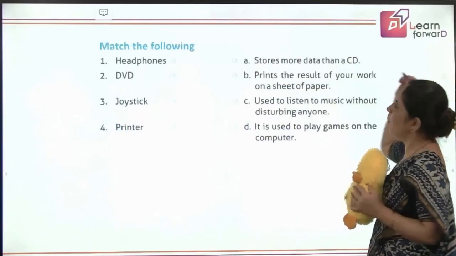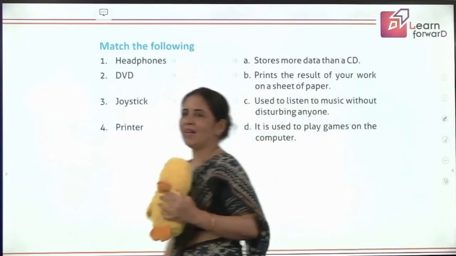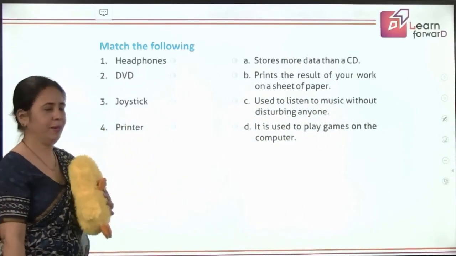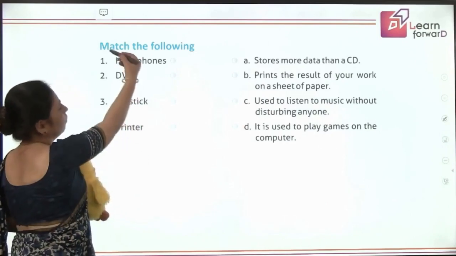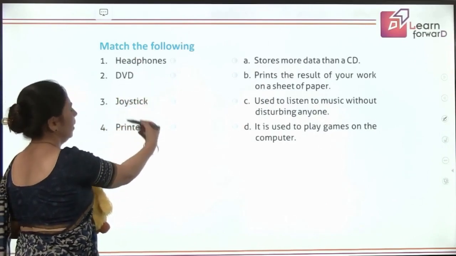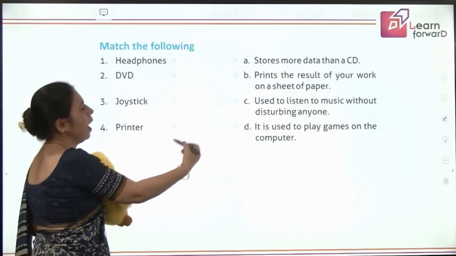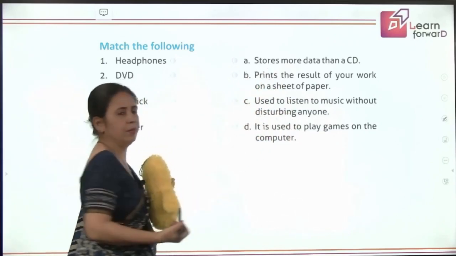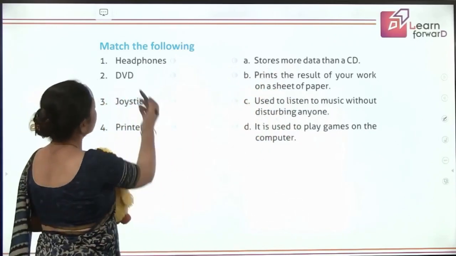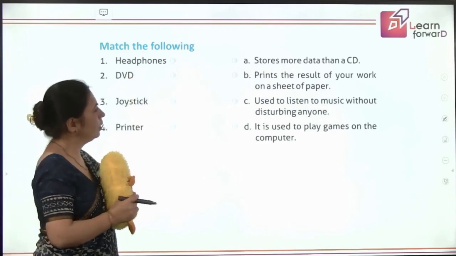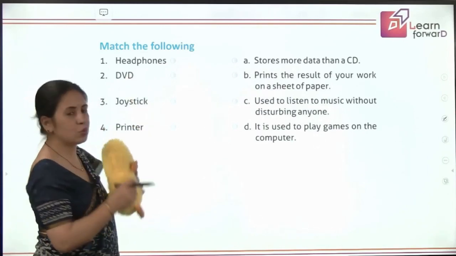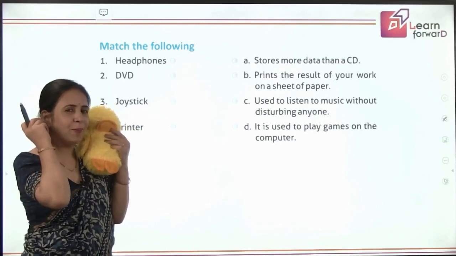And now is the time to match column A and B. So come on, we have column A with certain names of the devices of the computer and the work done by them. So we quickly match it. Let's see what's the role of the headphone. Could you see? Headphones, when you put on your ears, you remember?